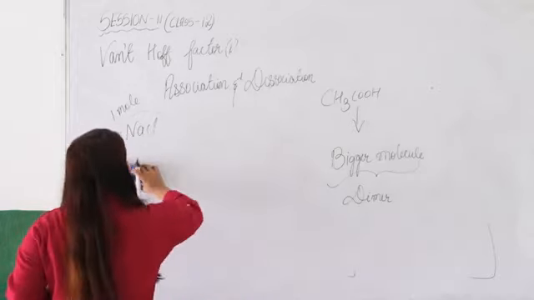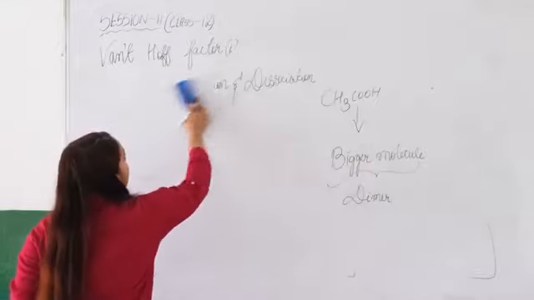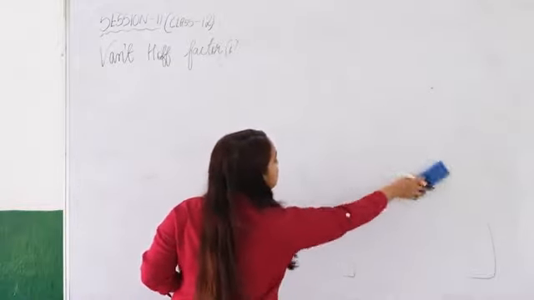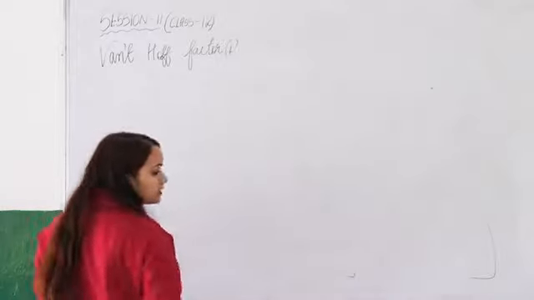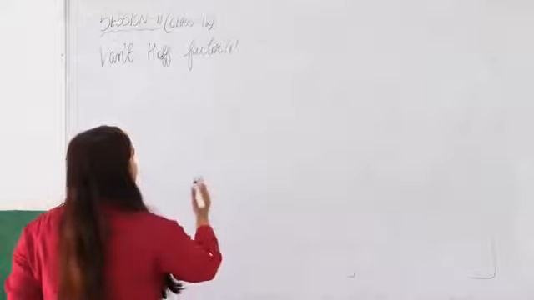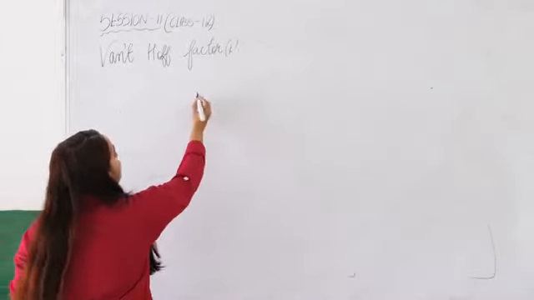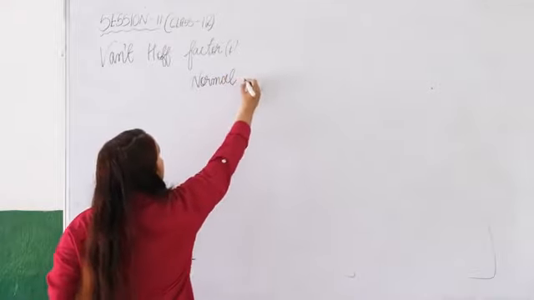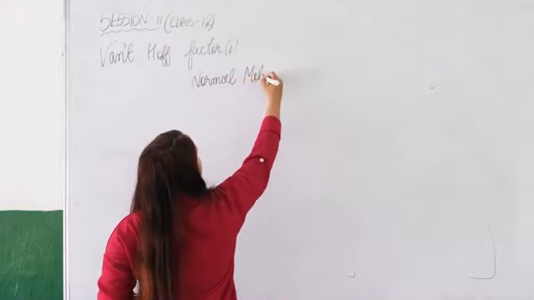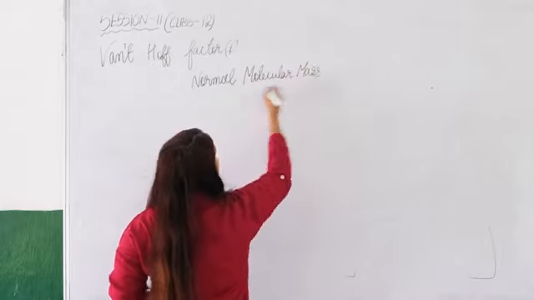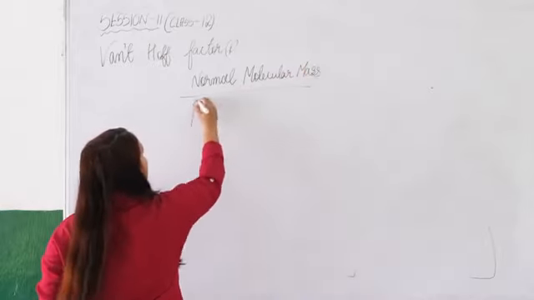Now what Vant Hoff did was, he introduced a factor in order to correct this abnormality of the molecular masses. Vant Hoff factor can be defined as the ratio of normal molecular mass by abnormal molecular mass.